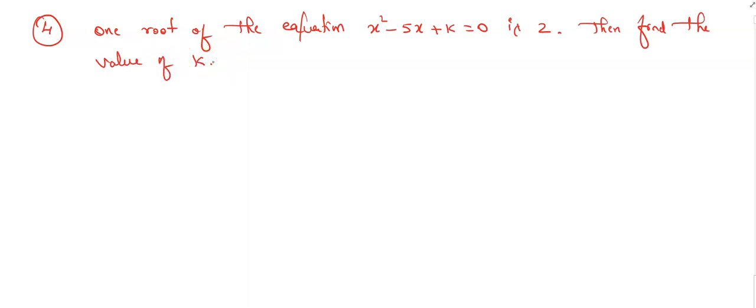As I said, just now we have discussed two problems, right? We got two roots, two answers, minus 2 and minus 14. Those are called the two roots. But here in this question, one root of the equation x square minus 5x plus k is equals to 0 is 2. It means one root is 2, then find the value of k.